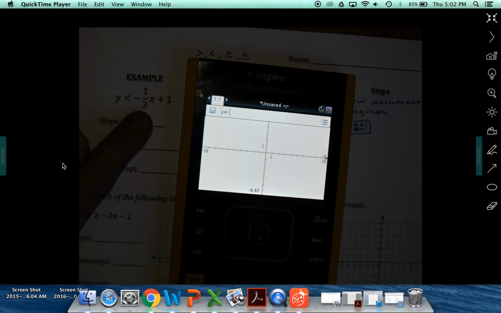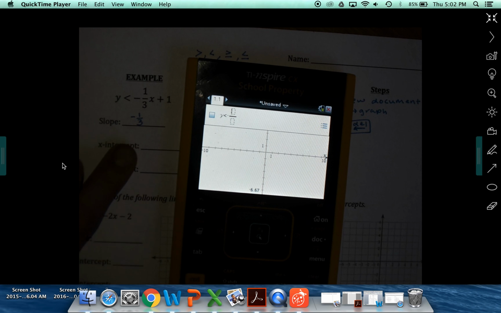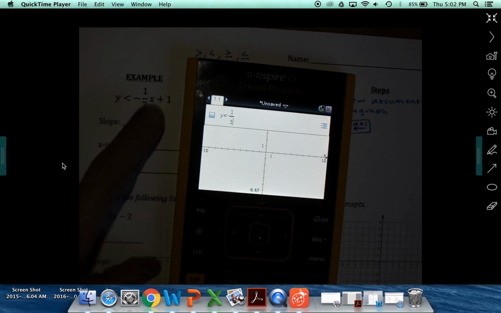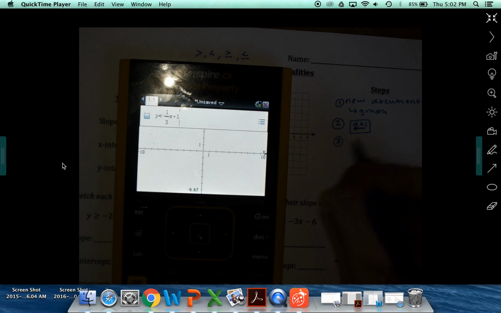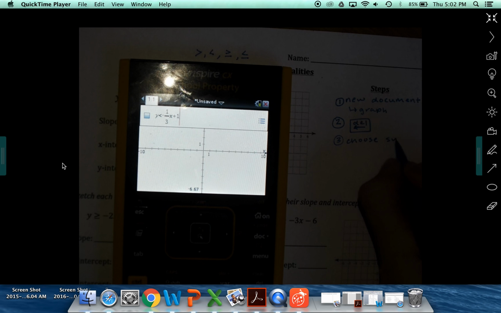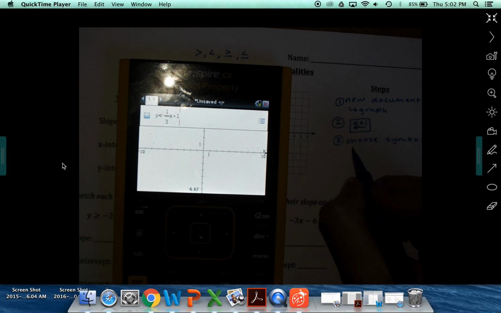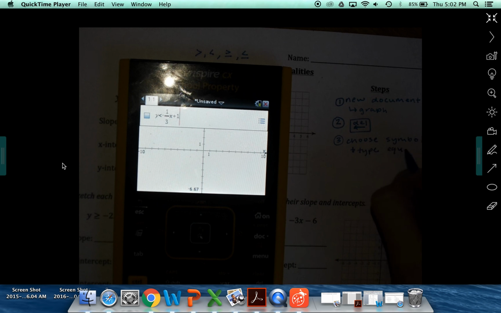So I've got negative, control divide to get my 1/3. Remember to scroll out of the fraction, so then you can do x plus 1. Okay, so we press delete, you choose the symbol and type the equation.